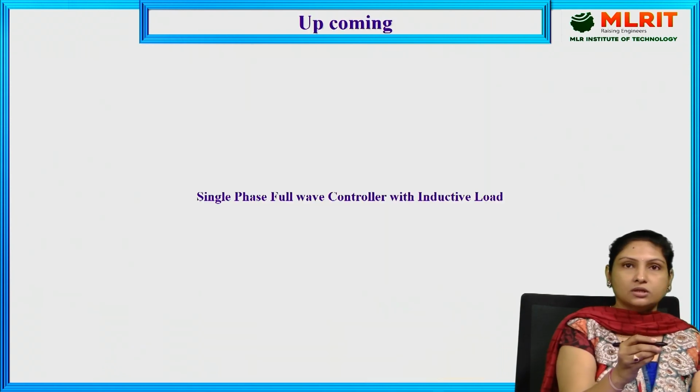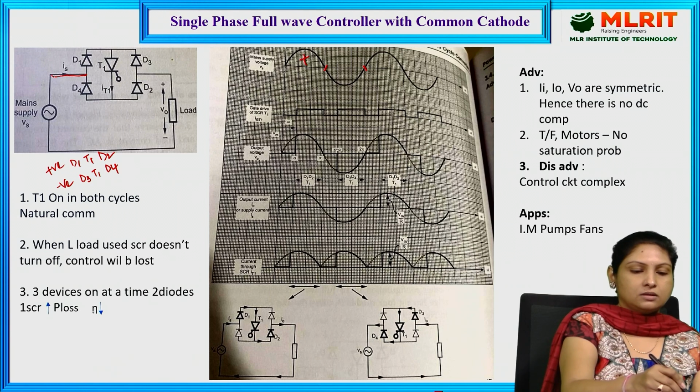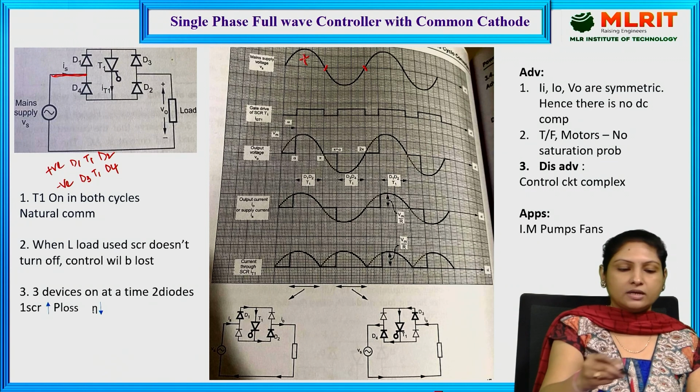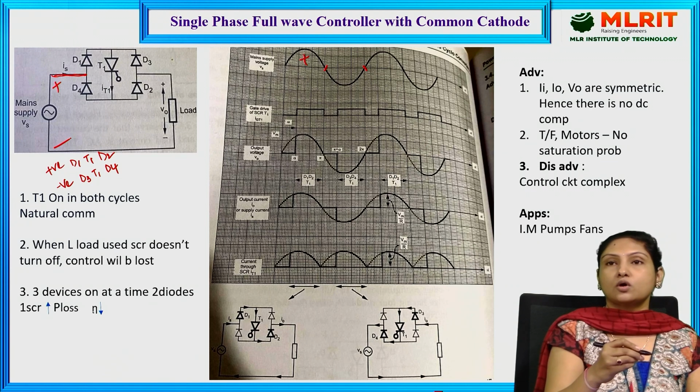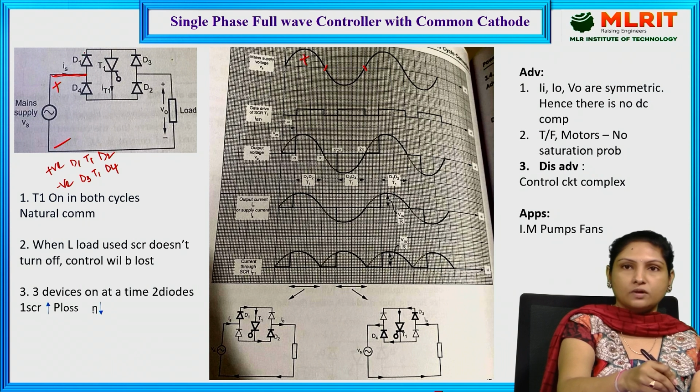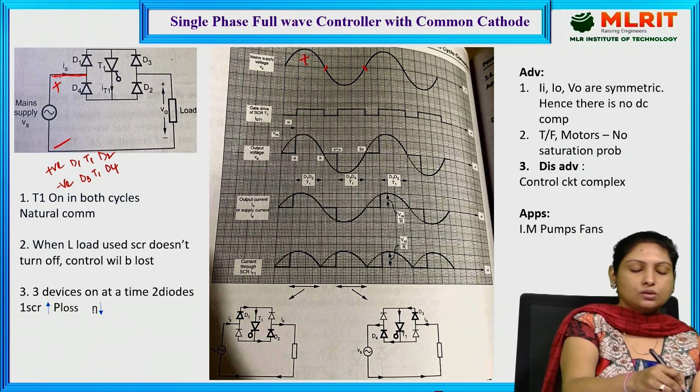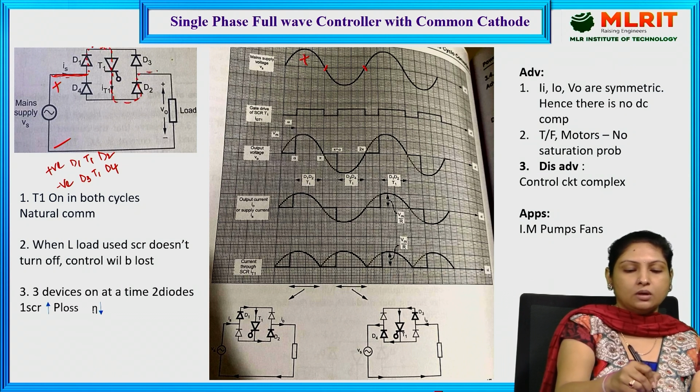So here during the positive half cycle, when the polarities are positive, negative, D1 is forward biased and it will conduct T1 as well as D2. So the individual circuit will be like this: T1, D1, T1, D2, load.